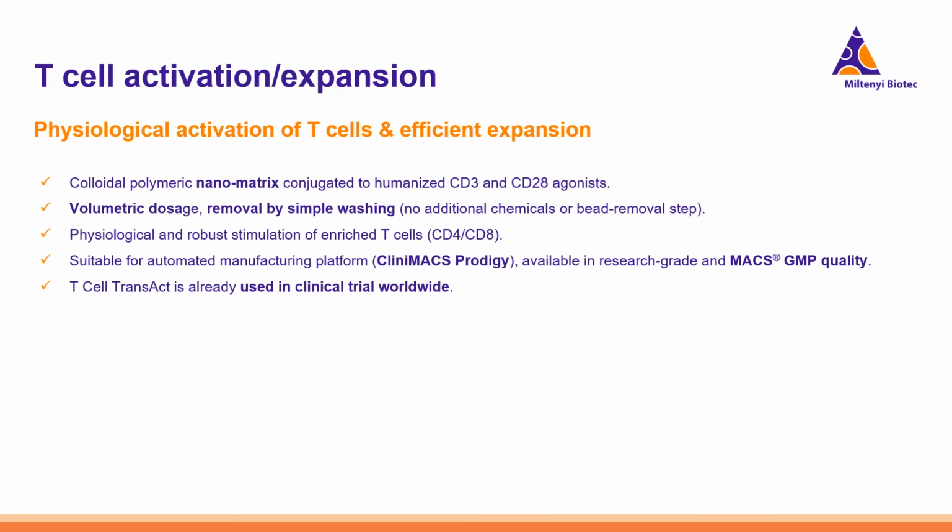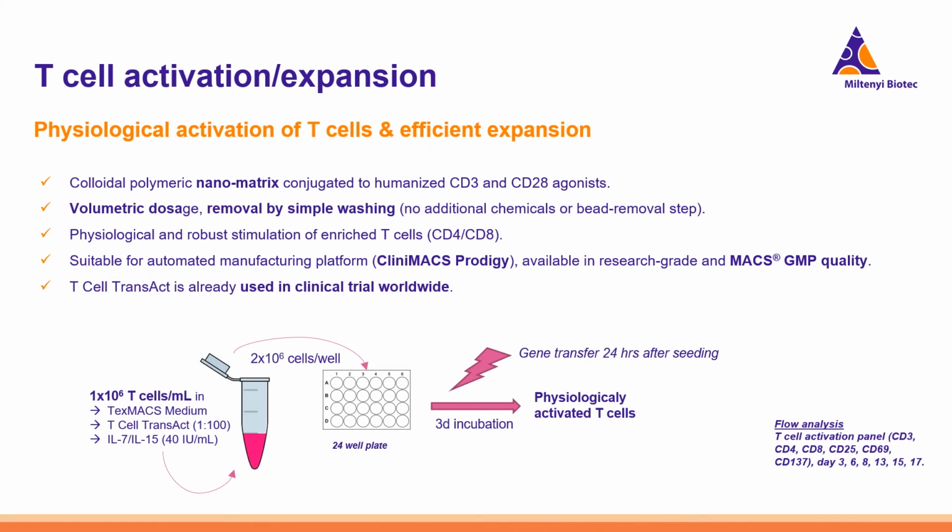It enables a physiological and robust stimulation of the enriched T cells, in our case CD4, CD8, and it's also suitable for an automated manufacturing platform due to these features, volumetric dosage and removal by a wash step, due to this nanomatrix. And it's also available in research grade as well as in MACS GMP quality, and TransAct is also already used in clinical CAR-T trials worldwide.